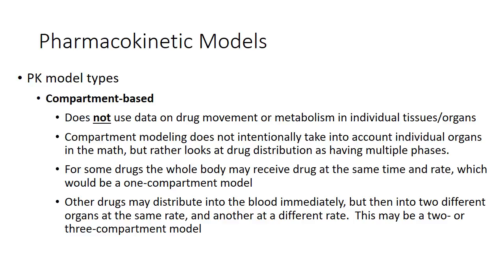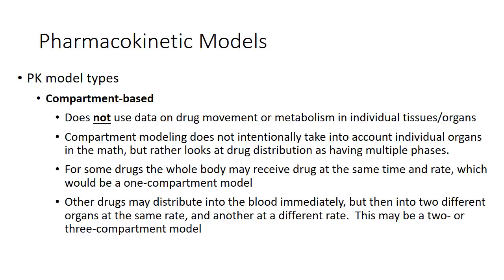What's important for everyone to understand is that even though it's tempting to consider a compartment an individual organ, pharmacokinetically they're not really defined that way. I'll give you an easy example. If a drug is distributing into two different organs at the same exact rate, we'll bunch those organs together and call that a single compartment.